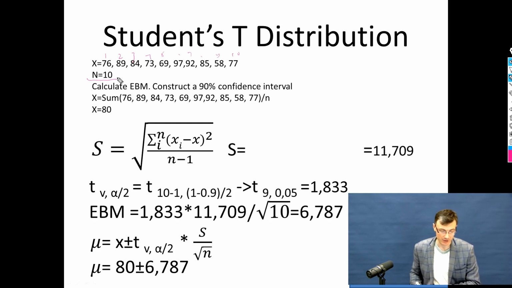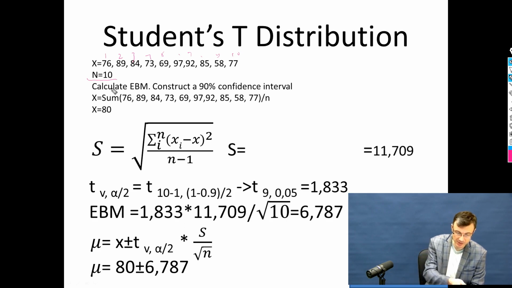Then calculate the error bound for the mean. So first we calculate the mean of the sample. So it will sum all of them and divide by our n. So it will be 80. Then you have to calculate your deviation by this formula. So you go like that.